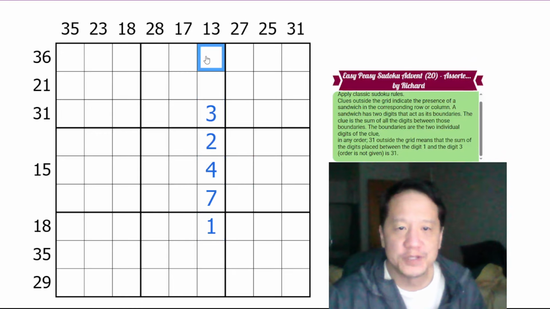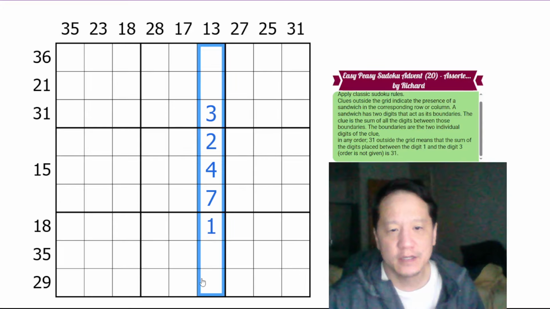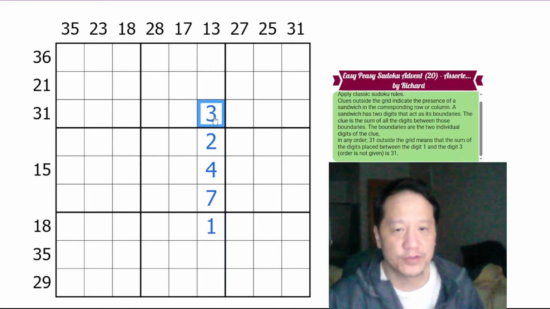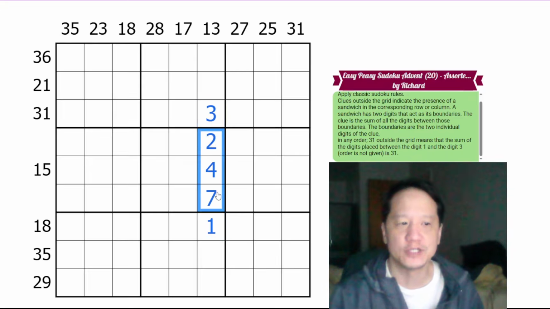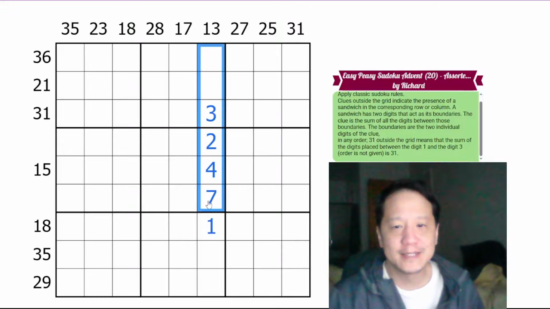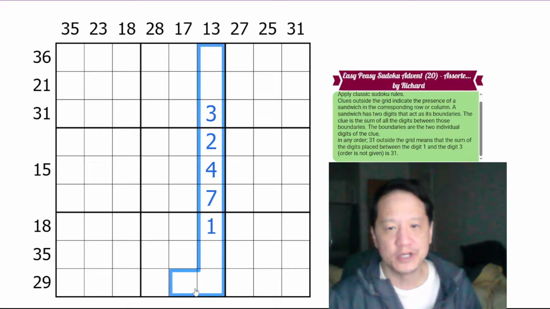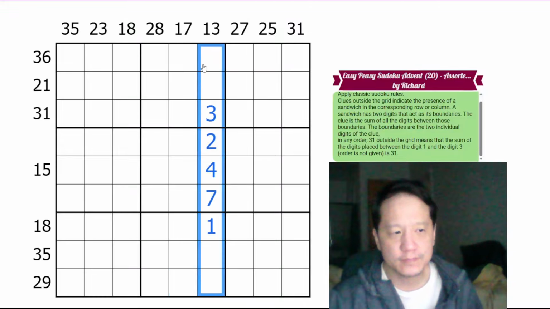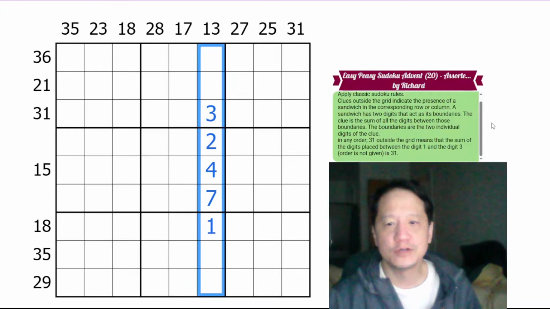So this would satisfy the 13 because between the 1 and the 3, there are digits which sum to 13, right? 2, 4, and 7 add up to 13. So that's an example of how these assorted sandwich clues work. And those are all the rules.